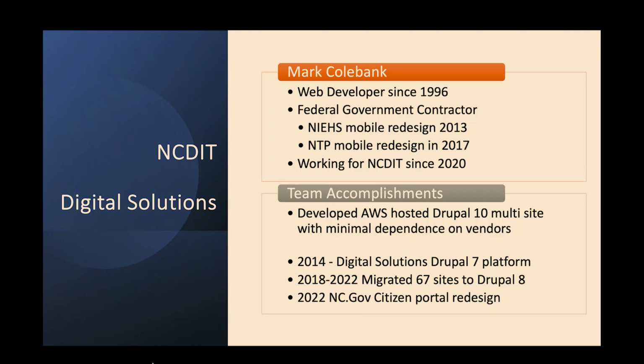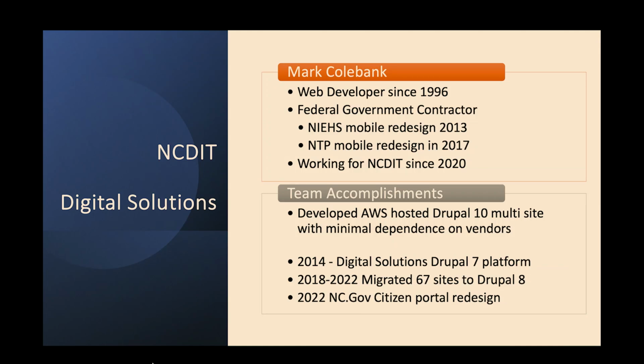And since 2020, I've been working for the North Carolina Department of Information Technology, which has an AWS-hosted Drupal 10 multi-site platform called Digital Solutions. We host 85 state agency websites for pretty much all the major agencies on Drupal.